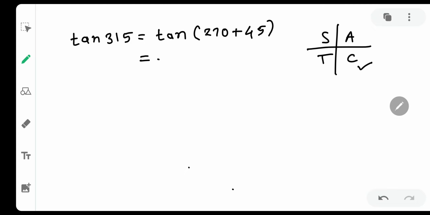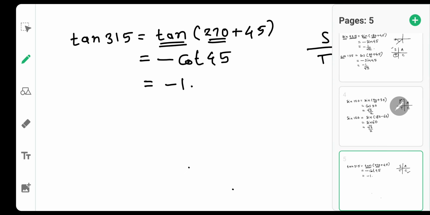So tan will be simply negative. Now this jump is 270. So rule 2 says that 90 and 270 means change. So tan will be changed to cot. So this is minus cot 45. Hence the answer is minus 1.